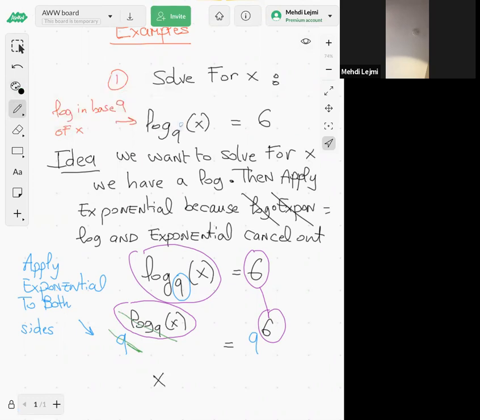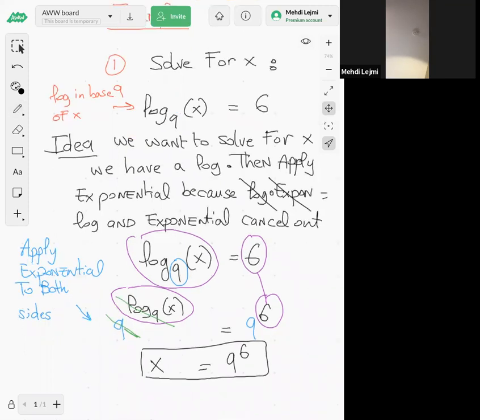So my x would be equal to 9 to the power 6. That's the answer. Okay, let's have more examples. That's just the first example.